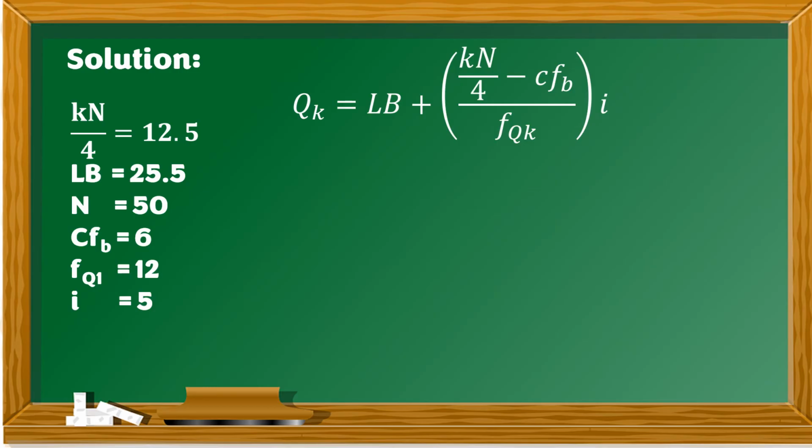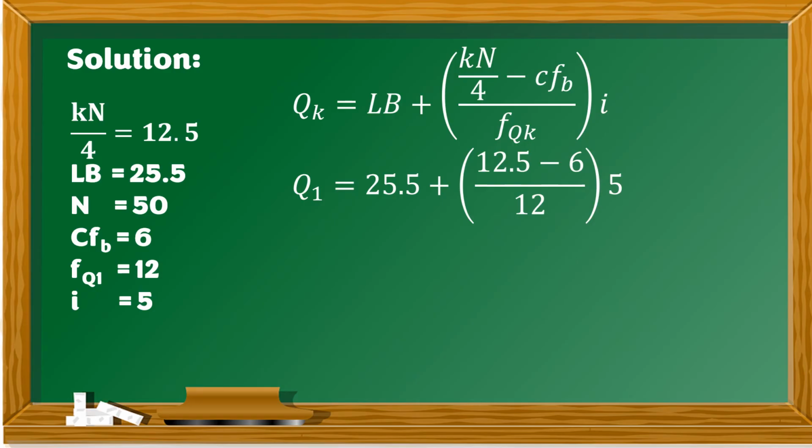So we're going to substitute the values in the formula. We have Q sub 1. Since we're solving for the lower quartile, the value of k is 1.